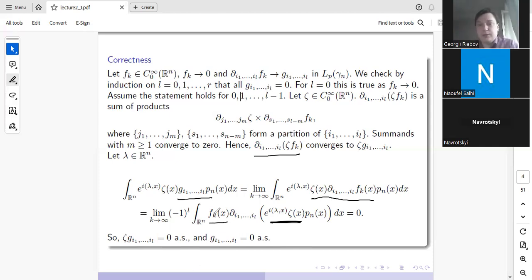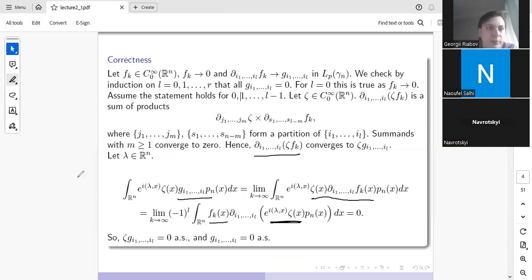But zeta is an arbitrary infinitely differentiable function with compact support. This means that g is equal to 0 almost surely.